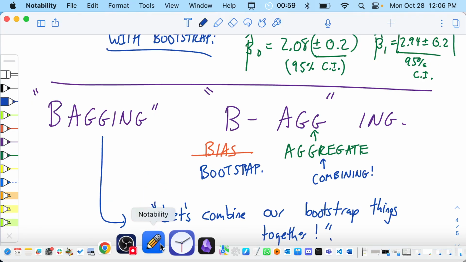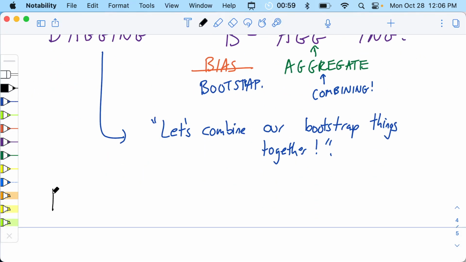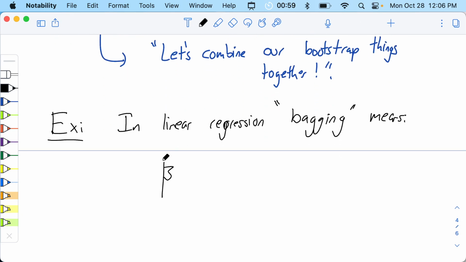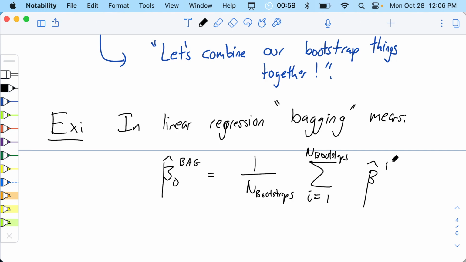So this is a kind of a silly non-example. In linear regression, bagging means you get a new model which has beta hat, let's call it our bag 0. That'll be 1 over n bootstraps times the sum from i equals 1 to n bootstraps of beta hat bootstrap i 0.